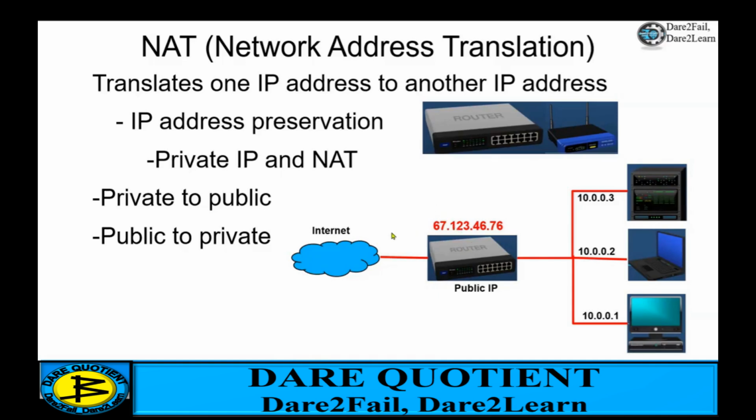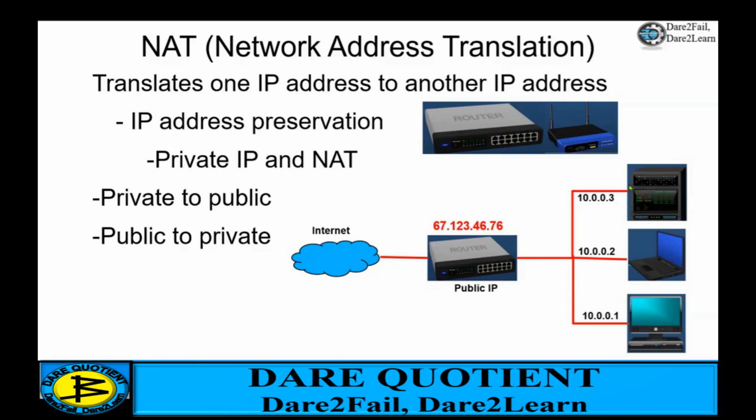The router is able to reach the internet, and devices on the internet are able to reach this router, but they cannot reach these three devices.